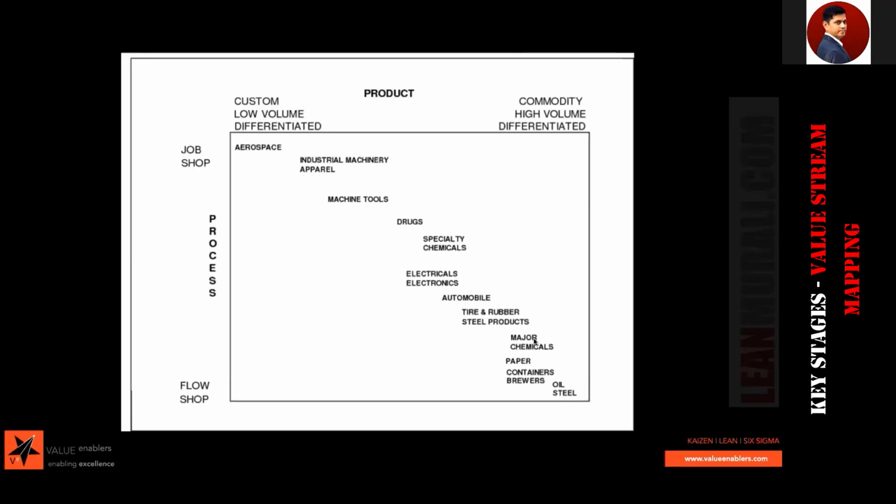Cement is also more or less in this space, right? And then electrical and electronics come somewhere in the middle, and drugs come here, machine tools come here, machineries come here, and aerospace. So if this slide is clear, give it a number. If it is super clear, 9 to 10.